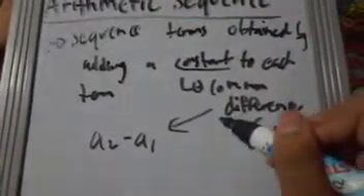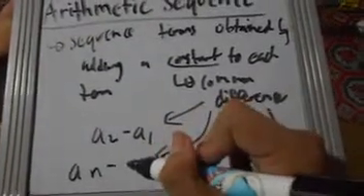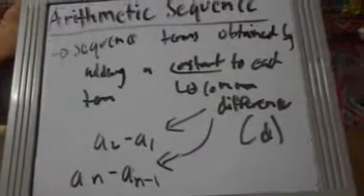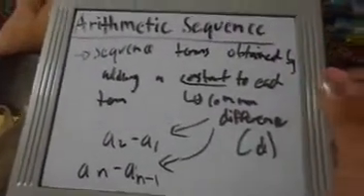Common difference is obtained by subtracting the first term from the second term, or maybe if you don't have the first and second terms, you can simply obtain it by subtracting a term of the sequence from the term after it. Other examples are a sub 5 minus a sub 4, a sub 4 minus a sub 3, a sub 3 minus a sub 2, and many others.